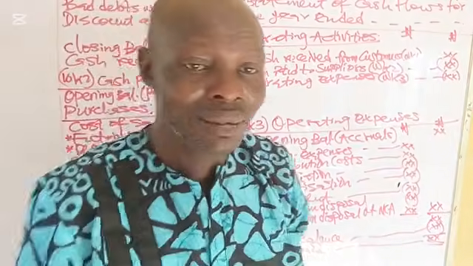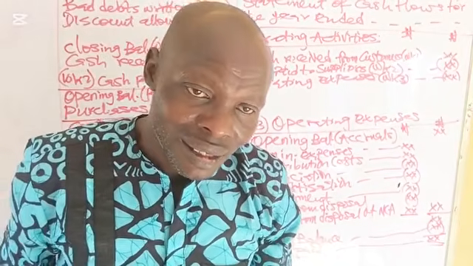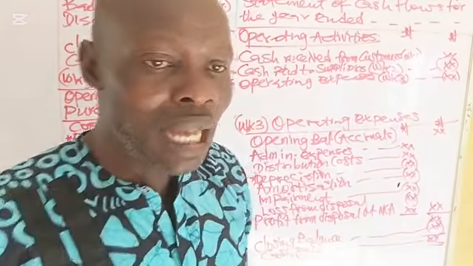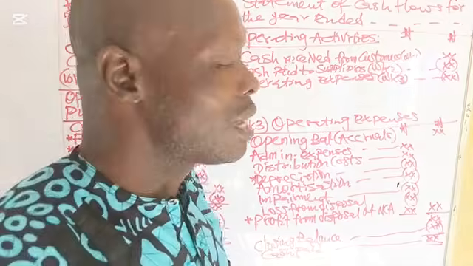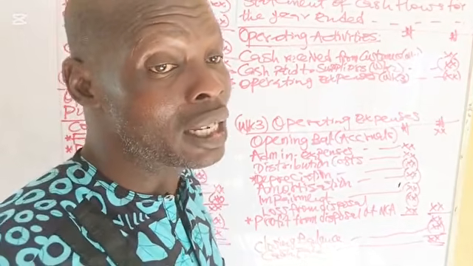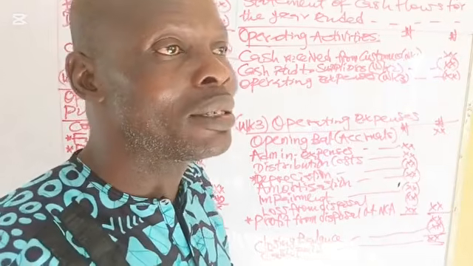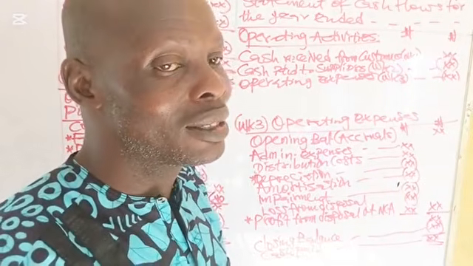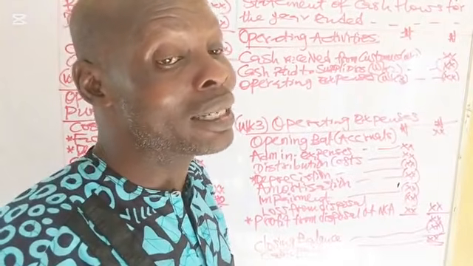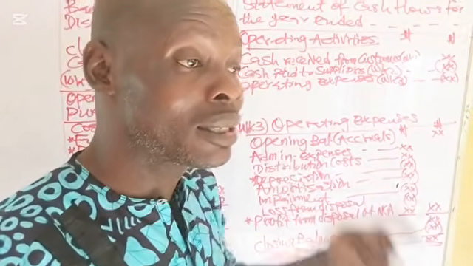Sir, I have a question. Can a question be silent about where we are to charge depreciation? The question may be silent. Where are you supposed to charge depreciation if the question is silent? You have to determine. It's not all assets that you charge your depreciation to the same place.